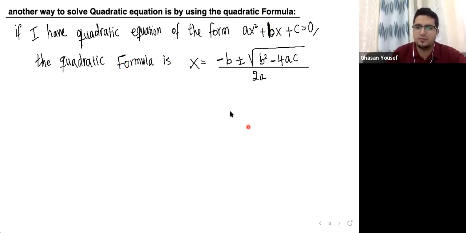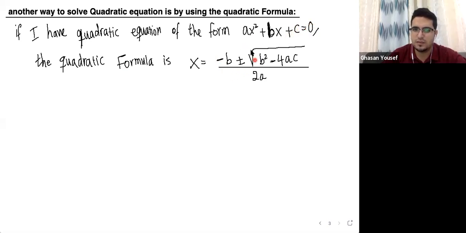We don't have to factor and subtract and do all these steps. So I can use the quadratic formula. Oh, by the way, the quadratic equation should be like this: one side is 0 and the other side is the expression, ax squared plus bx plus c equals 0.